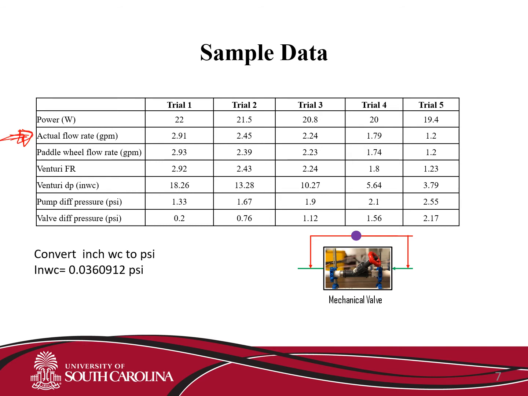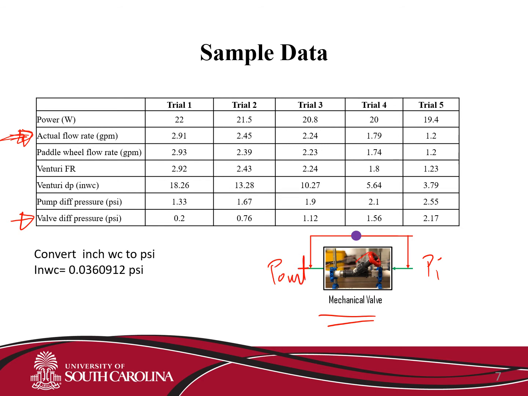So to get a different condition, we need to change the valve. Differential pressure, Venturi, this one, which is a mechanical valve. Here you can see this is P in and this is P out.